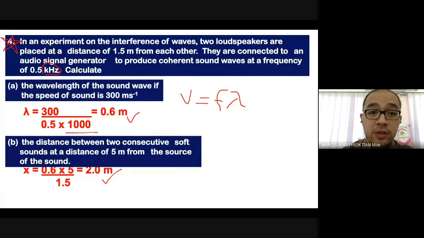Because the lambda wavelength from the first formula can be used in the second formula. So take note of this question. It's a good question to remind us that actually the two formulas are connected to one another.